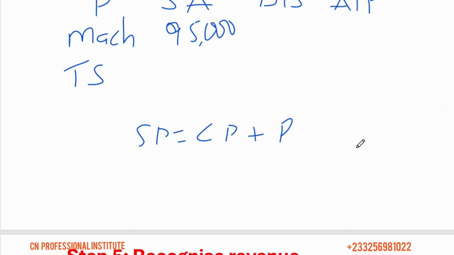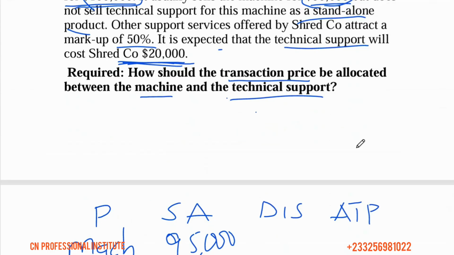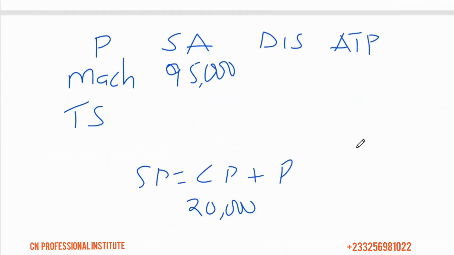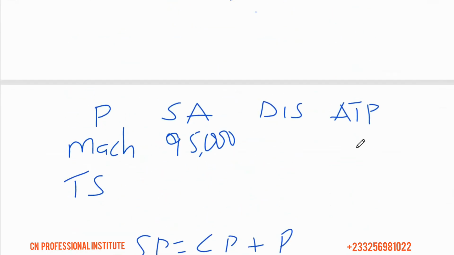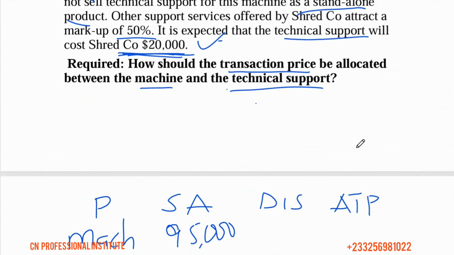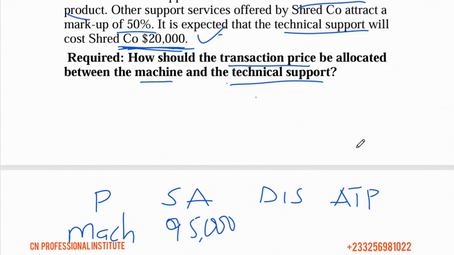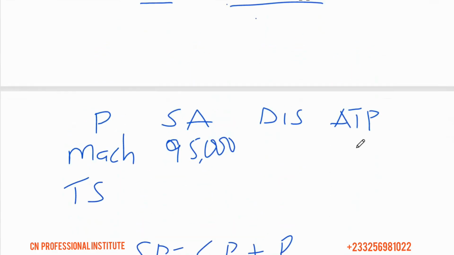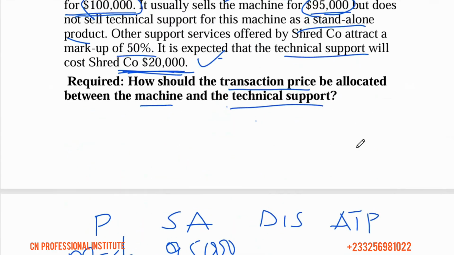It cost Shred 20,000, that's the cost price of the technical support. Now the profit: we are told the markup is 50%, and markup is on cost price, so the profit will be 50% of the cost price, 20,000.